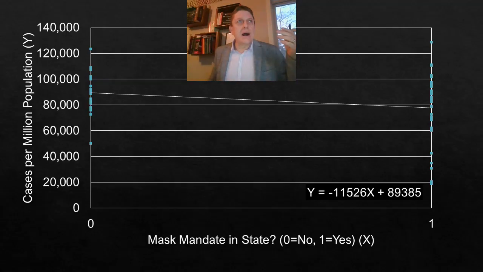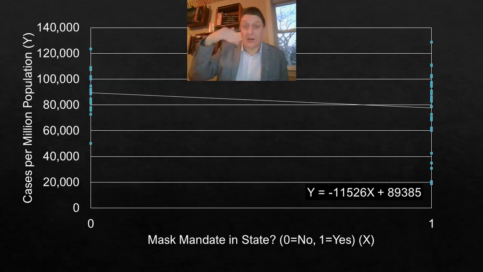This idea that just declaring a state law that thou shalt wear a mask will lead to lower COVID case rates, well, it's in the right direction, but it's only explaining, it turns out, with this R-squared statistic that tells me this, 5.6% of the variation from state to state in how many cases per million people there are of COVID. Well, what does that mean?